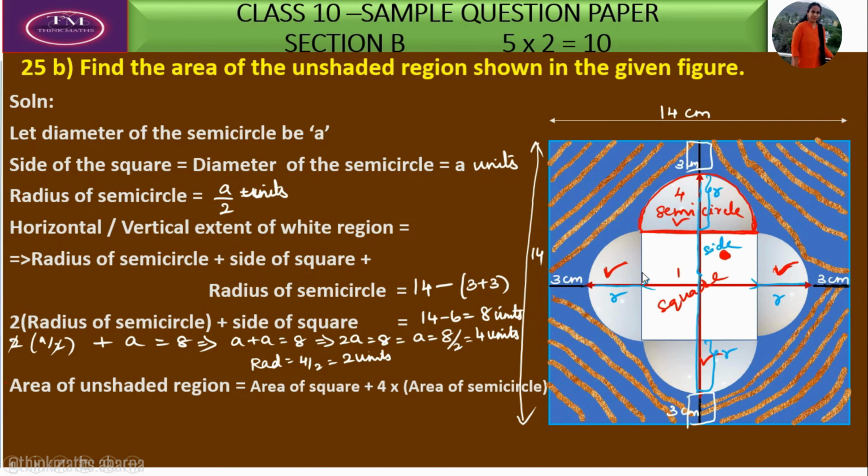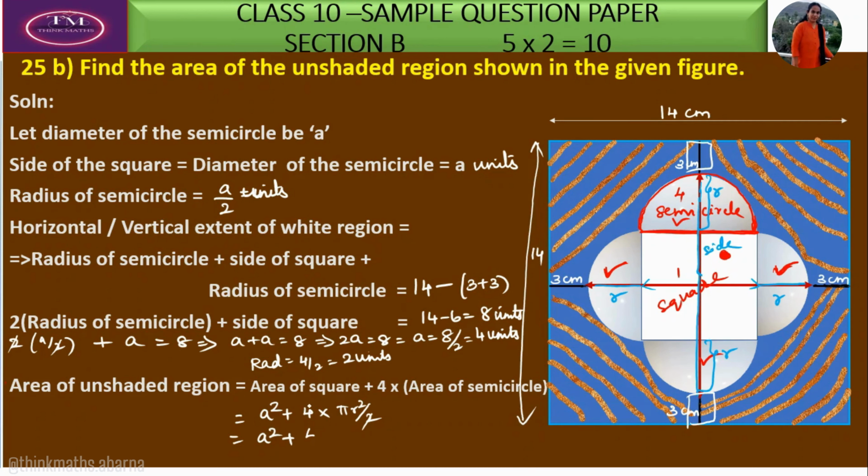It is nothing but the area of this square and 4 into the area of a semicircle. The area of a square is A square, where A is the side, and 4 into the area of a semicircle. The circle formula is pi r square, and semi means half, so pi r square by 2. So it is A square plus 4 by 2.